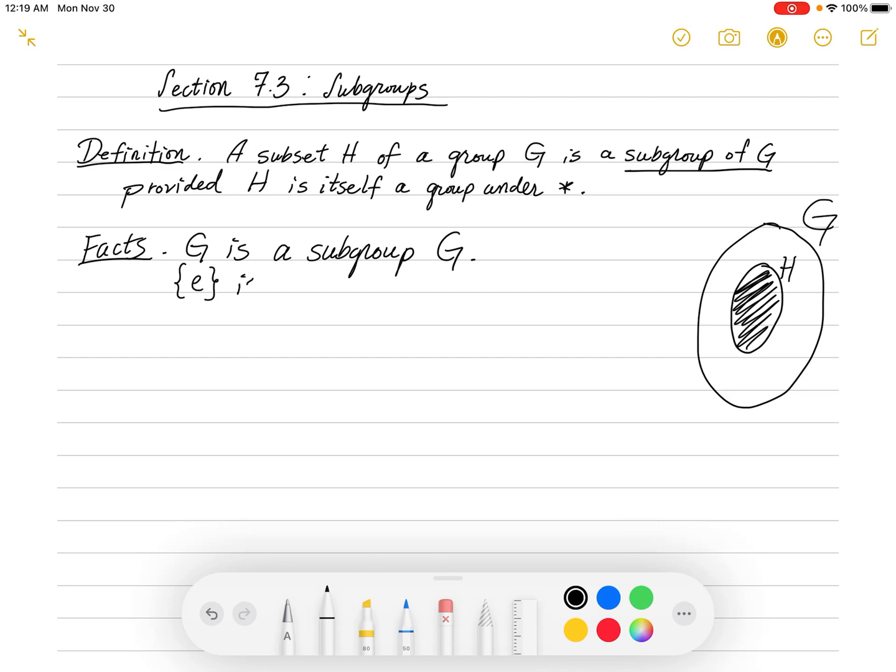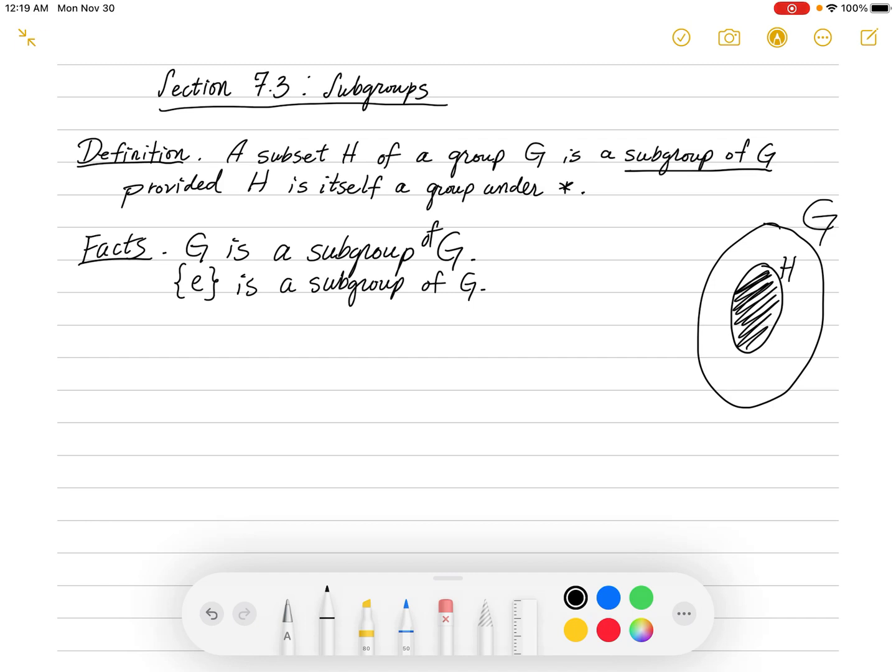Another famous subgroup is the set containing just the identity element. This is a subgroup of G. So why is the set containing the identity a subgroup of G? Well, first of all, it's a non-empty set, right?